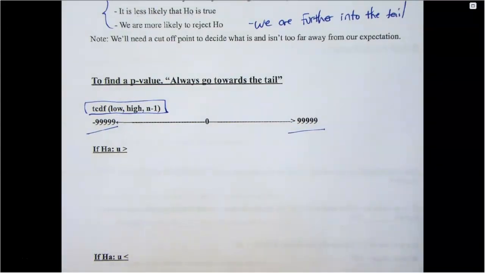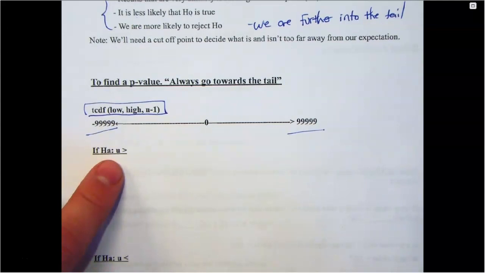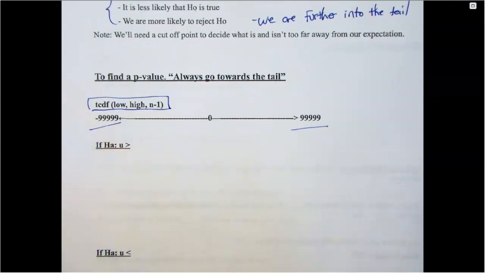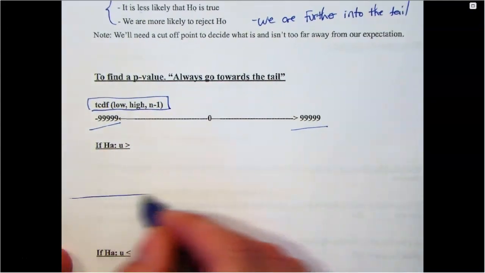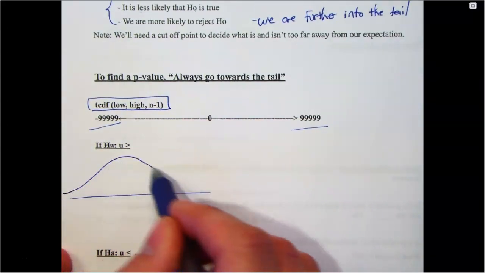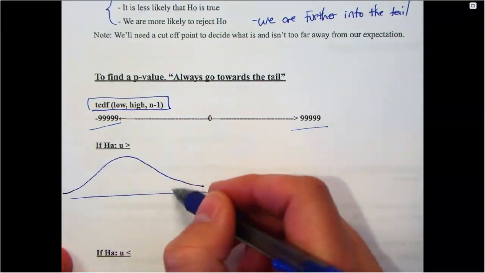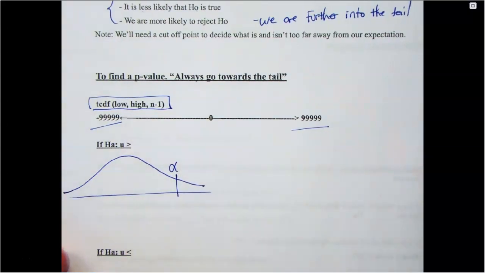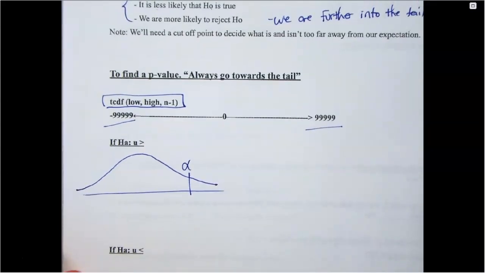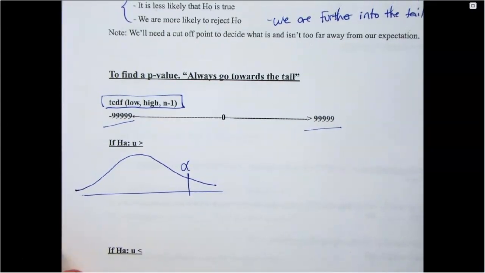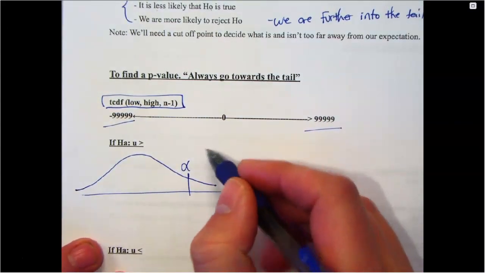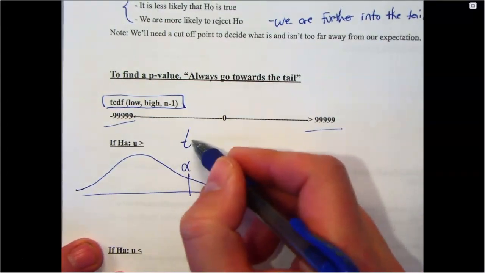So if H A is mu is greater than, we think that something is higher than the original claim. This is the situation. You have an alpha over here. You would have a positive t value, so t would also be somewhere over here.